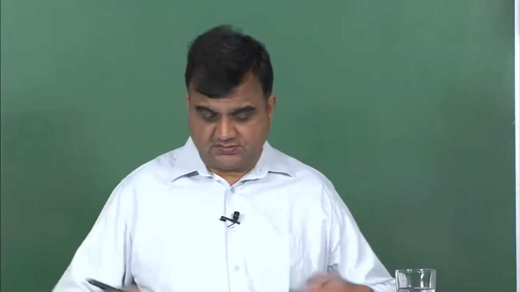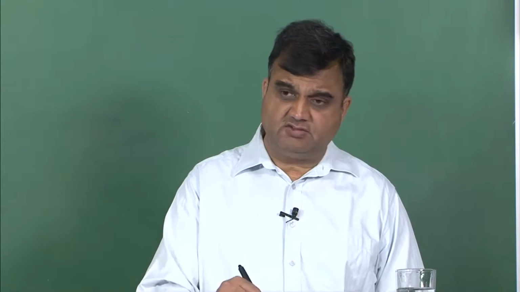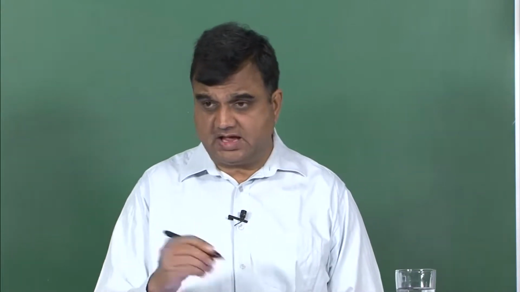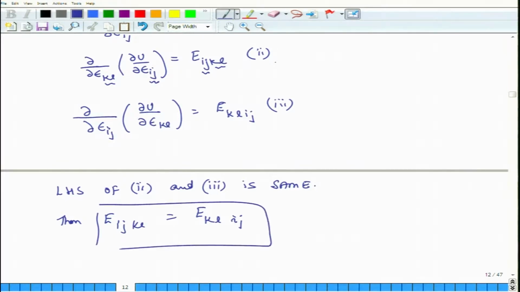So, if I differentiate first with respect to epsilon ij, and then with respect to epsilon kl or vice versa, I will get the same answer. So, if the LHS of both 2 and 3 is same, then Eijkl is same as Eklij.